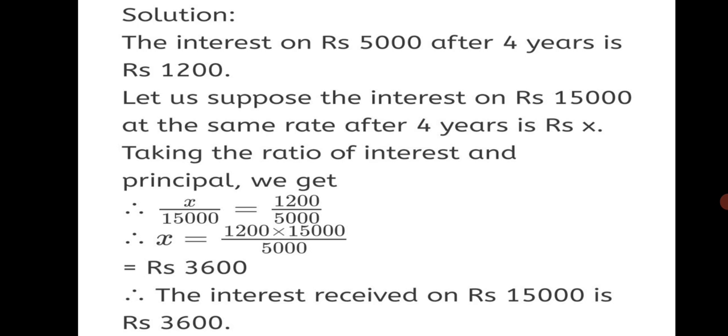X is equal to, cross multiply, 1,200 into 15,000 upon 5,000. So the number of zeros will be reduced, and then 5 3s are 15, 12 3s are 36, 3,600 is your answer. The interest received on rupees 15,000 is rupees 3,600. So here you can do the sum based on direct proportion.